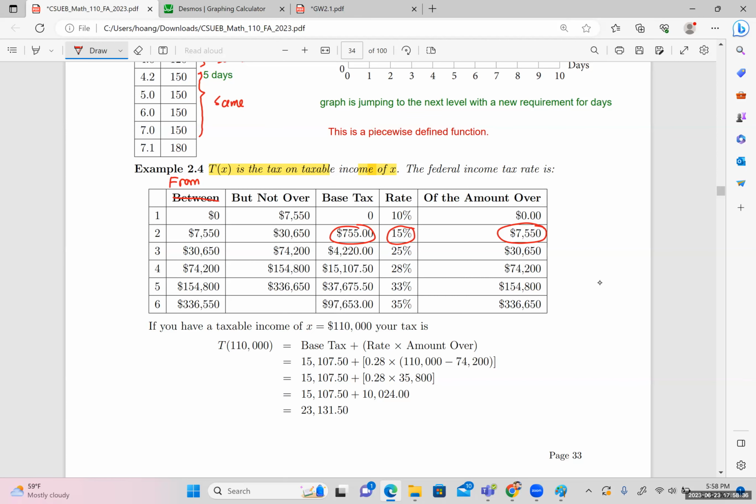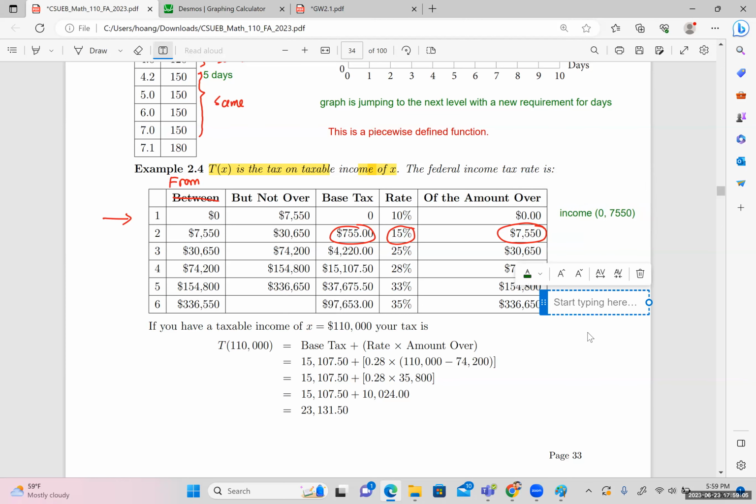So this is the table that we have. The first bracket is income from 0 to 7,550, noted here.